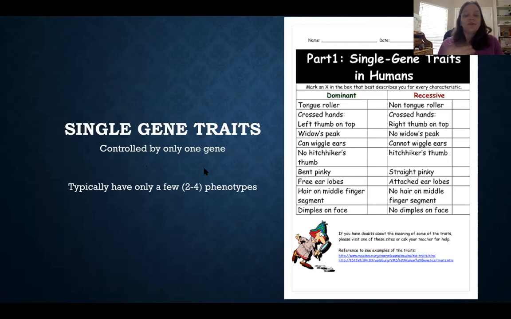They only come in a few very distinctive forms. You either have something or you don't have it. Or in the case of blood groups, it can be A, B, or O, but they're very distinctive.